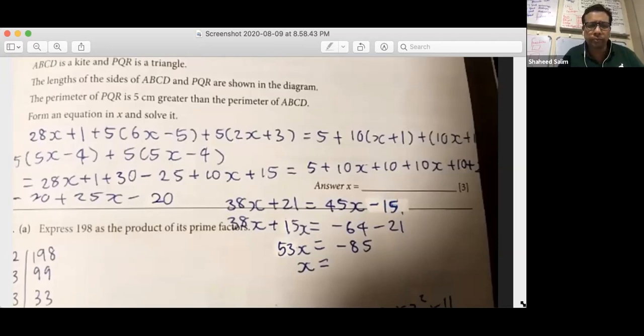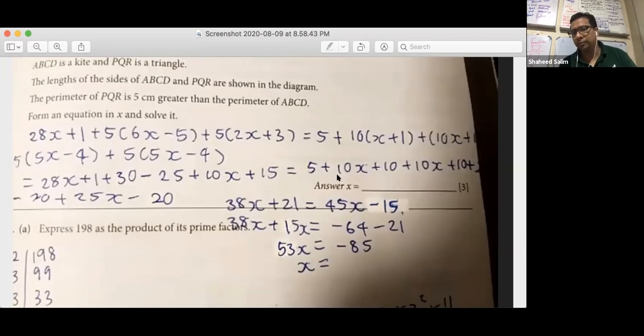Okay. This is this side, right? We count together again. 10x plus 10x, 20x. Plus 25x, 50x already. Plus 10x, 60x. Plus 10x, 70x.